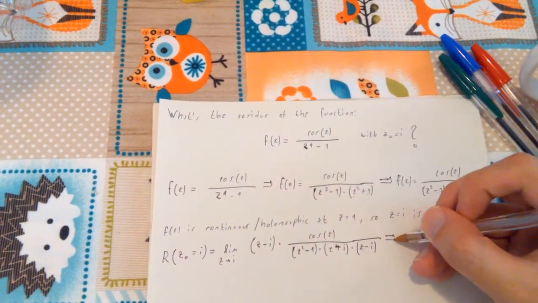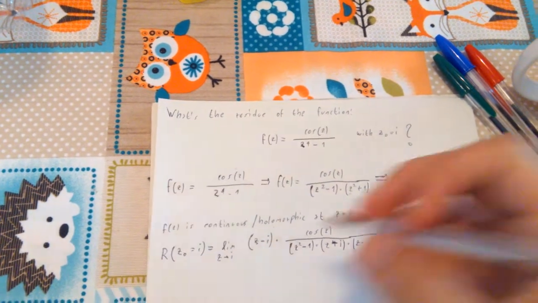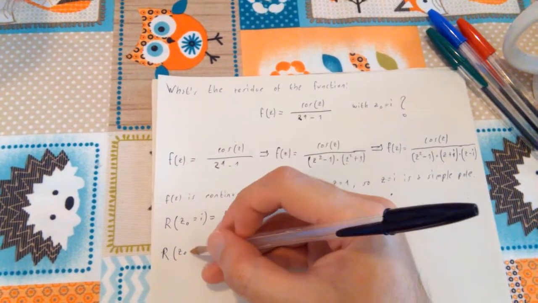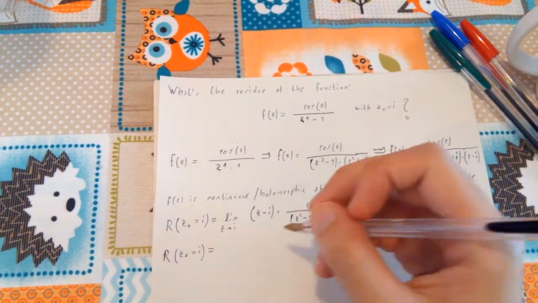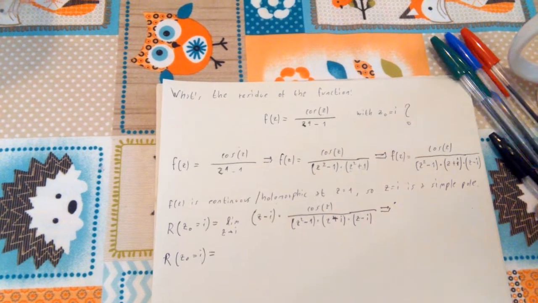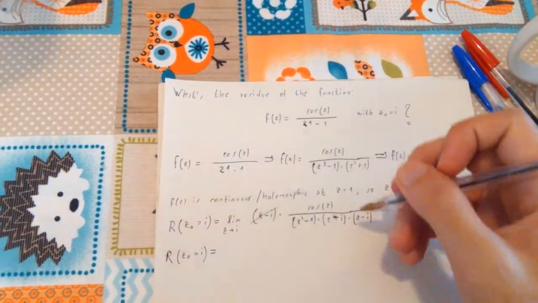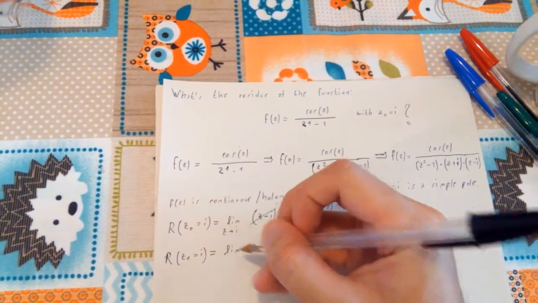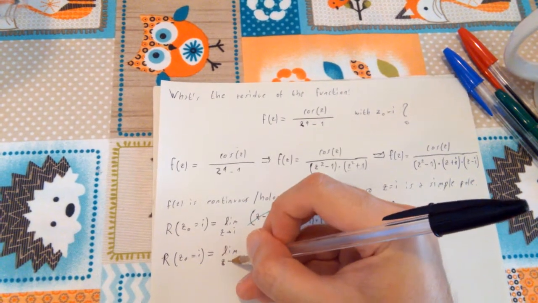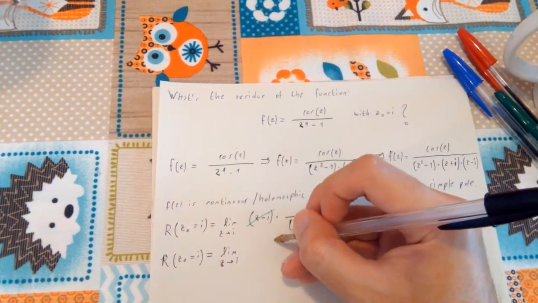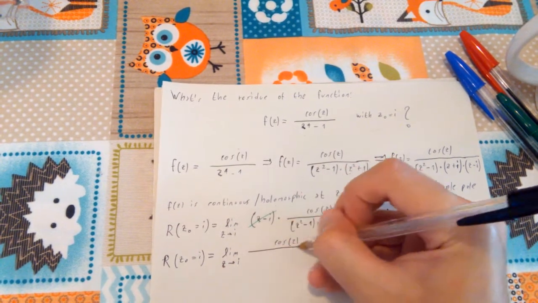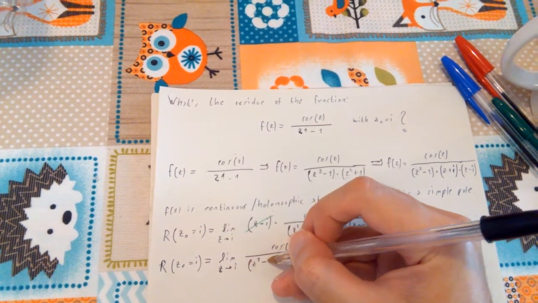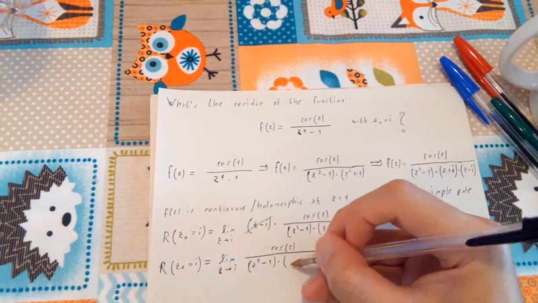Now, from here, you can say that the residue at z0 equal to i is, well, we are going to simplify z minus i and z minus i. You can see that it is the limit as z approaches i of cosine of z over z squared minus 1 times z plus i.